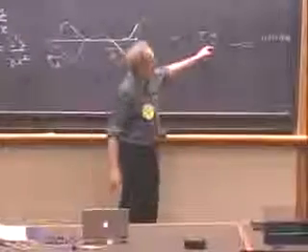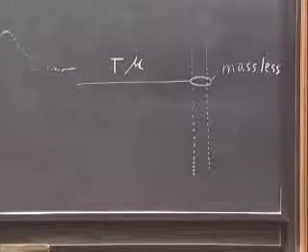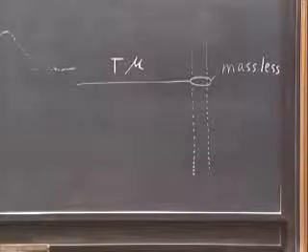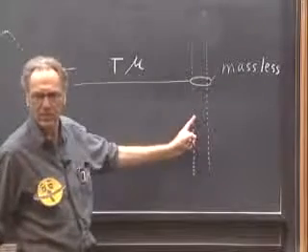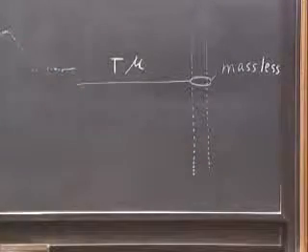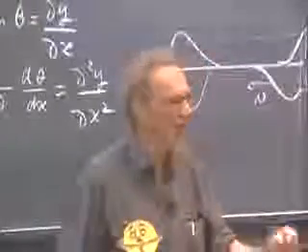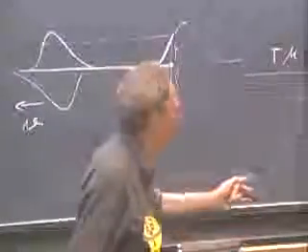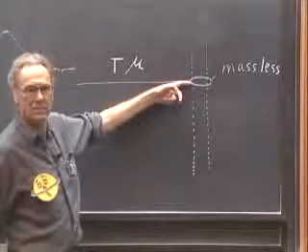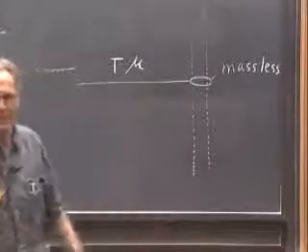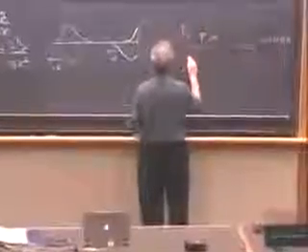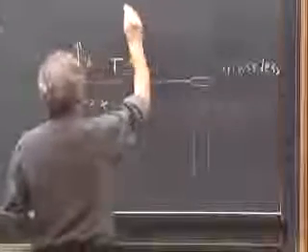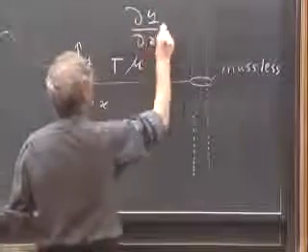However, the shape of that string right here is now very special. At all moments in time, what will the shape of this string be when we photograph it? No matter when you photograph it, before the pulse is there, after the pulse is there, at any moment in time, what will this point look like? It comes in at 90 degrees. dy/dx, if this is y and this is x, at that location, dy/dx must be 0.